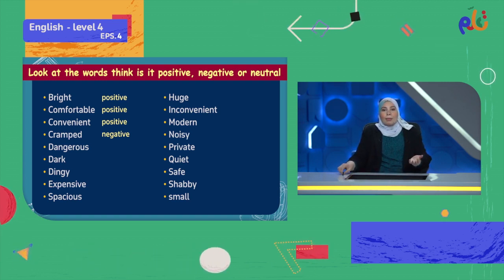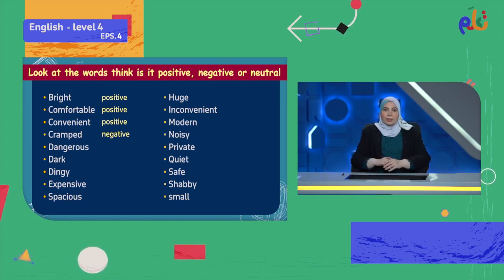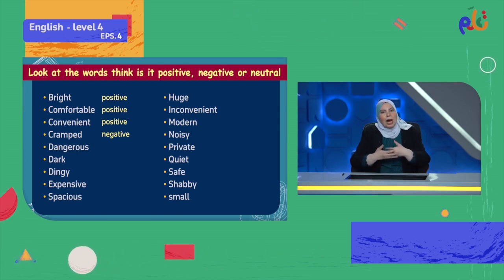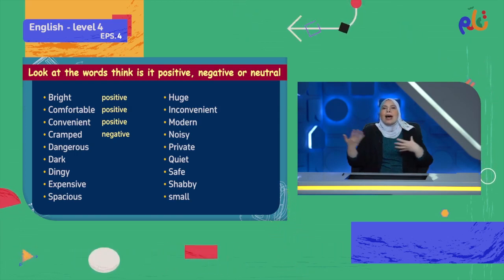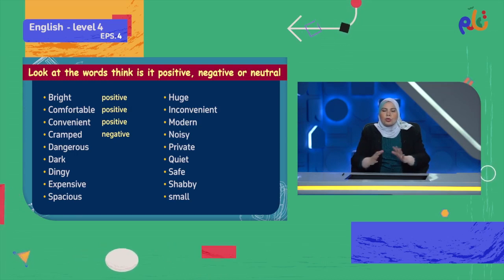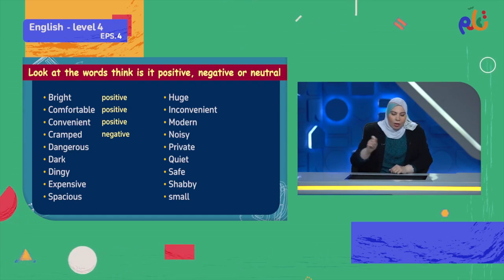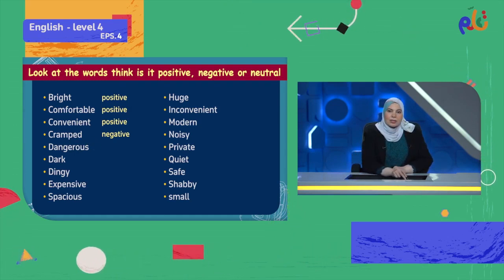So if we're talking about the street, I can say the street is cramped with buildings. Or if we're describing the room, I can say my room is cramped with furniture. The important idea is I don't have enough space for movement, or I don't have enough space to put anything else.